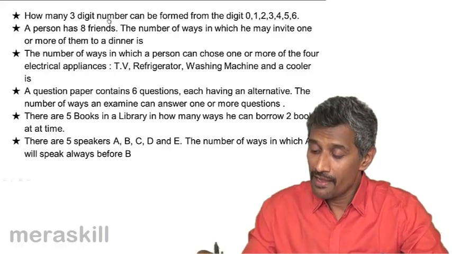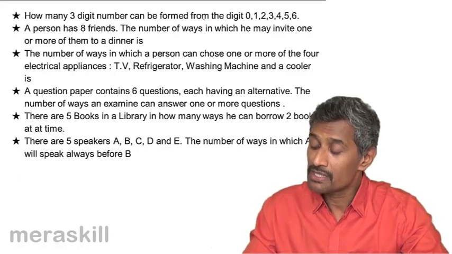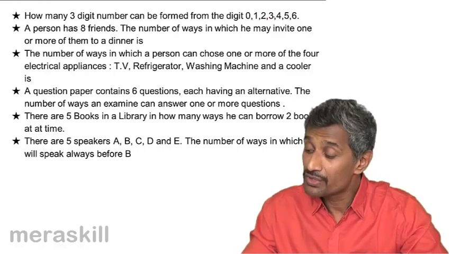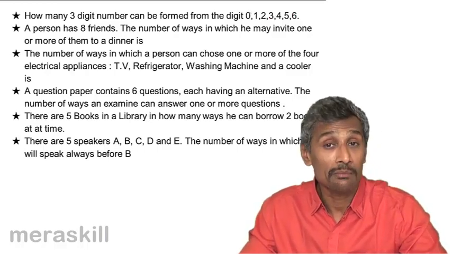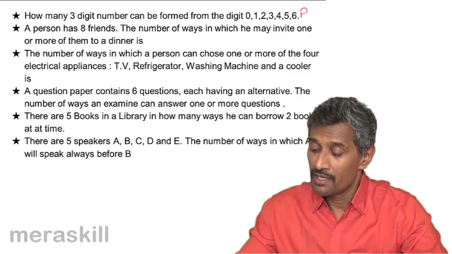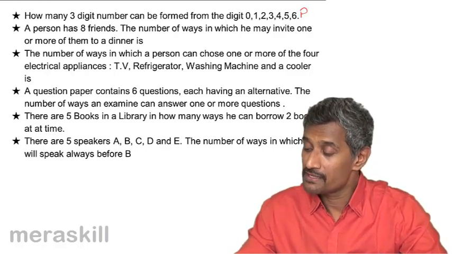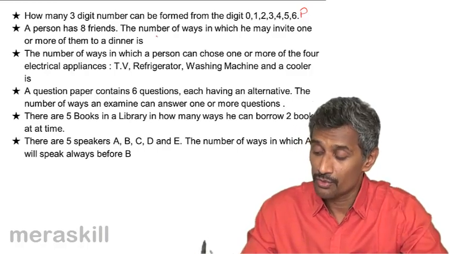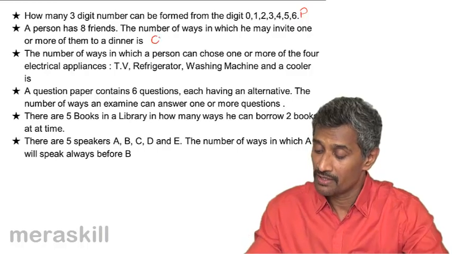How many 3-digit numbers can be formed from the digits 0, 1, 2, 3, 4, 5, 6? So we have 3-digit numbers out of this. The order is important, so definitely a permutation. A person has 8 friends; the number of ways in which he may invite one or more. Order is not important, so it is a combination.